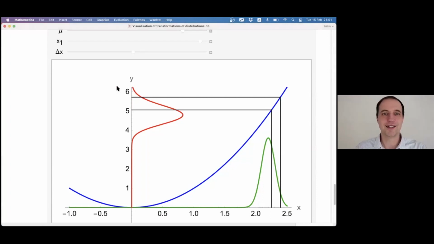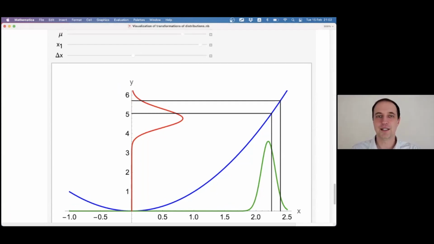And I would like to show you some calculations that allow you to do this transformation. Now, it looks like I don't have that much time, so some of these I may need to leave in the notes, but let me at least explain how the calculation works.